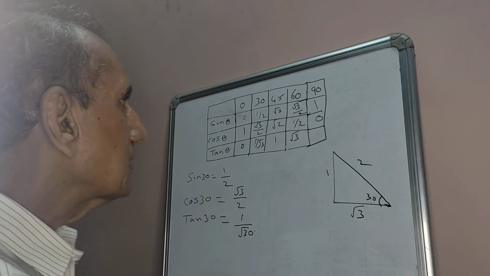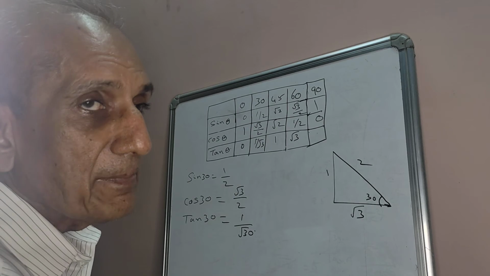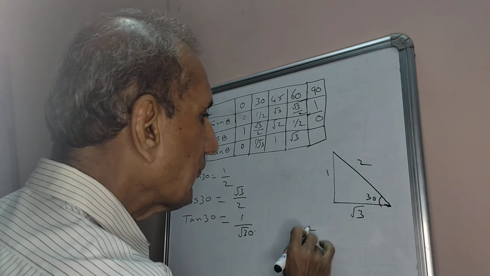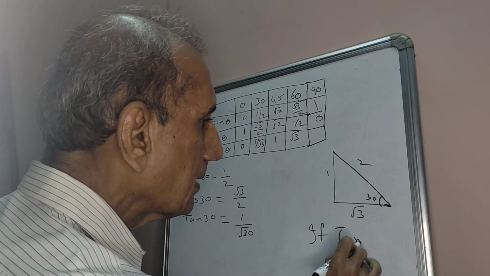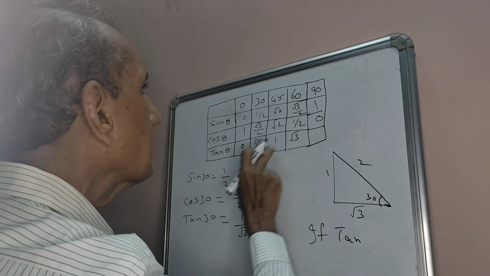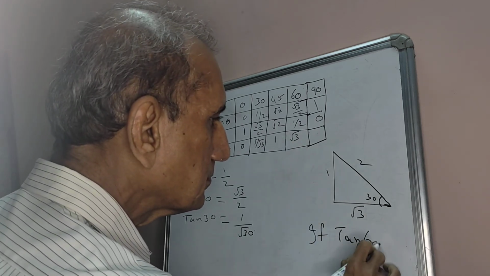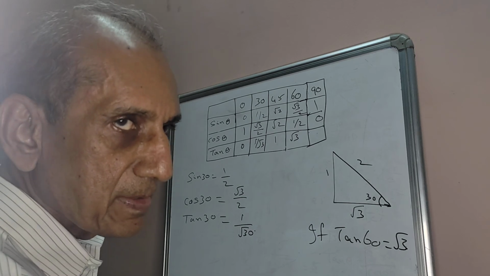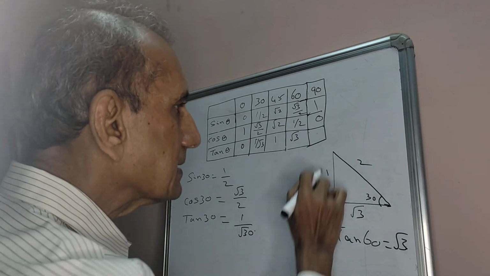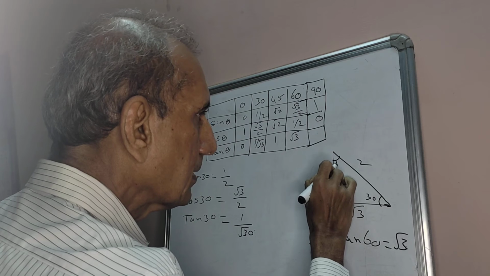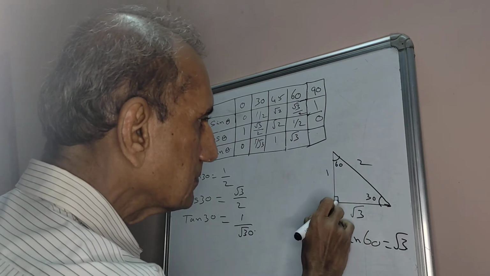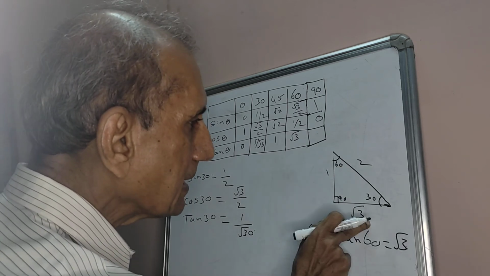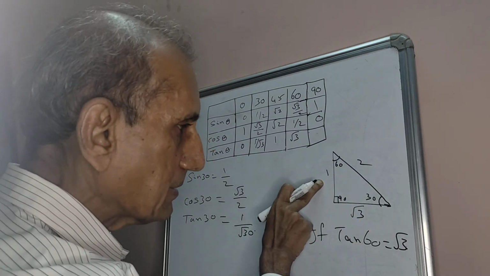Now if you remember these very well, it becomes easier for you to calculate sums. Supposing there is a sum where tan 60 is root 3. Find the other trigonometrical ratios. Then how do I do it? This is 60, this is 90. Now tan 60 is opposite side by adjacent side, root 3 by 1.